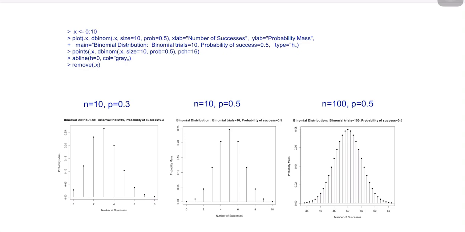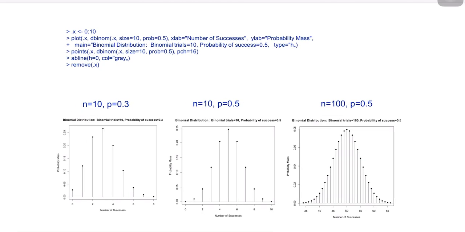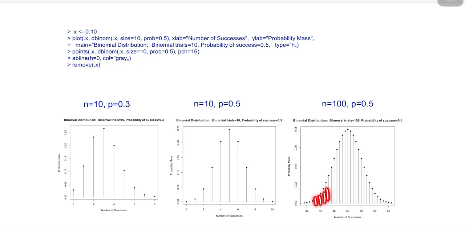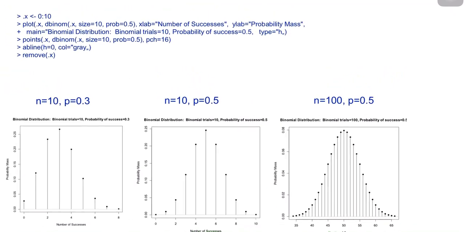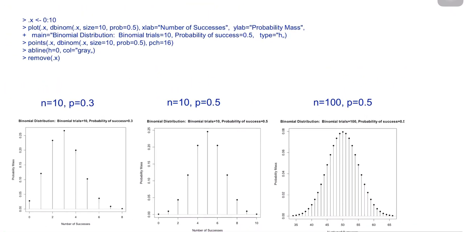We can also plot it with a different setting, again n is 10 and p is 0.5, and if we increase n to 100 with p equal to 0.5, the accuracy of the curve will be better, and we can find more probability mass per number of successes, which is very important.